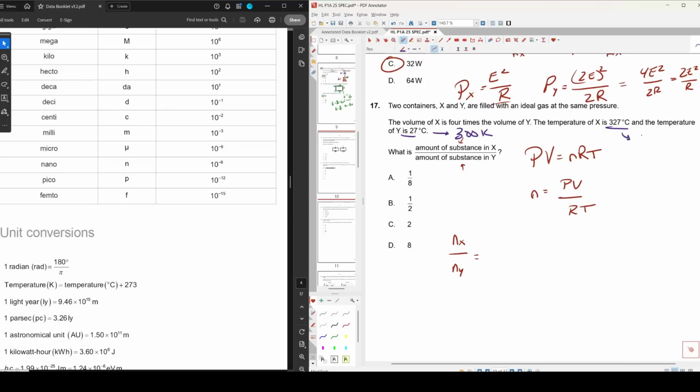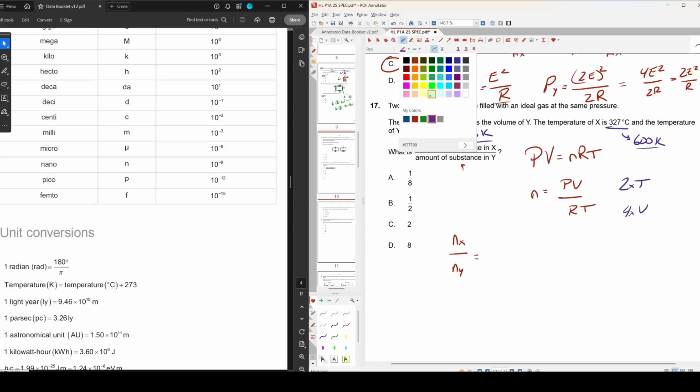I think so. 327 plus 273 is 600, right? So it's double the temperature. Be careful, it's double the temperature because I have to use the absolute temperature here. So I doubled the temperature and the volume is 4 times as much. So I think it's going to be 2. But let me ratio and make sure it's 2 and not 1/2. And let's do the whole thing for this one.